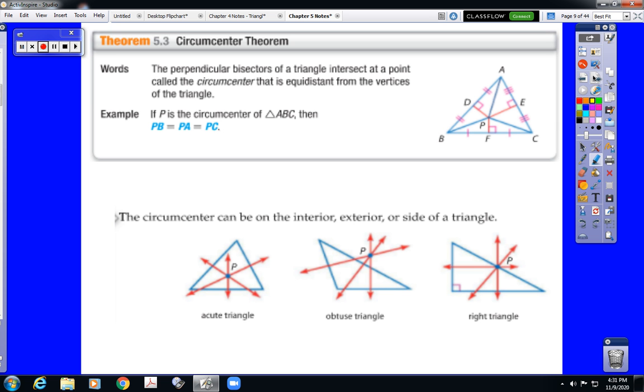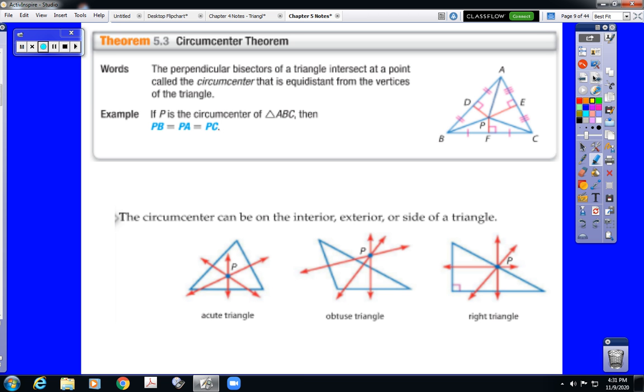That is what the circumcenter theorem states, that the distance from the circumcenter to the vertices of the triangle is equal. Now, less important but interesting is that the circumcenter, while it is one of four centers of a triangle, and we'll talk about all four of them over the next several videos, is that the circumcenter, despite being a center of the triangle, does not actually have to lie in the triangle.